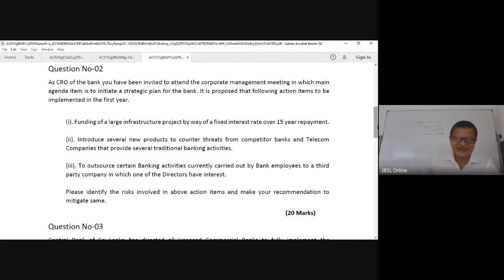So we go on to the second one: introduce several new products to counter threat from competitor banks and telecom companies that provide several traditional banking activities. Now, here we said customers and competitors are the main question. So the second one, they are talking about new product development.